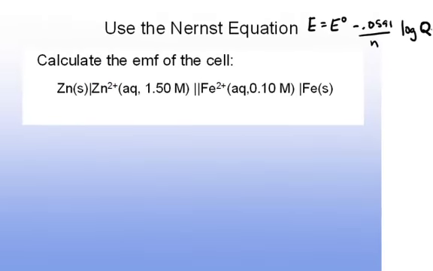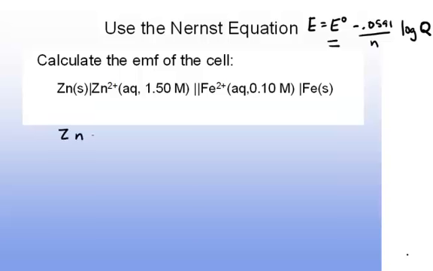Okay, so first of all, we need to identify what's undergoing oxidation here and what's undergoing reduction, and we need to calculate the standard cell potential. In this case, the oxidation is on the left in this format.